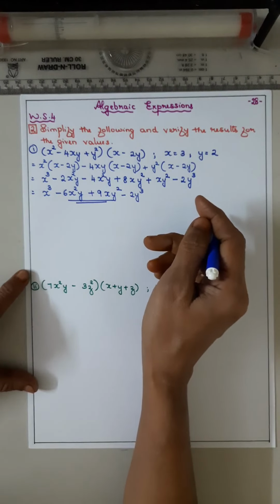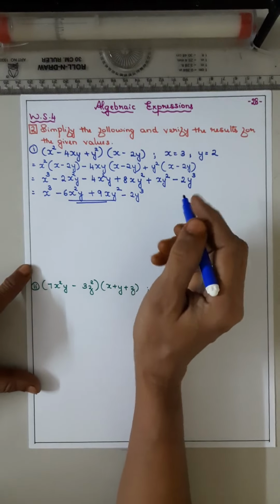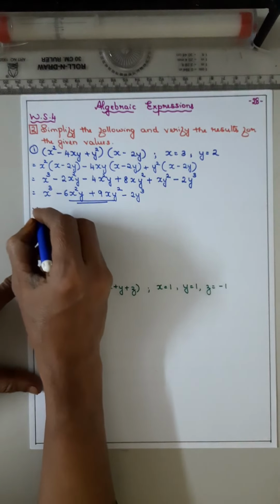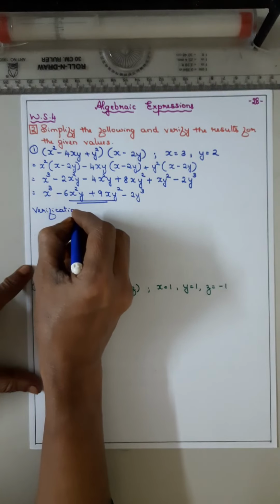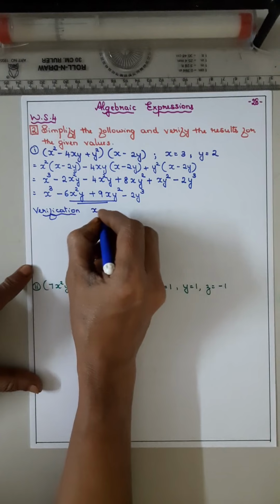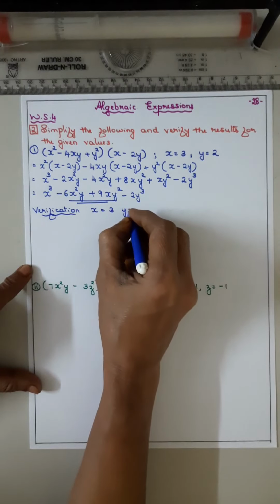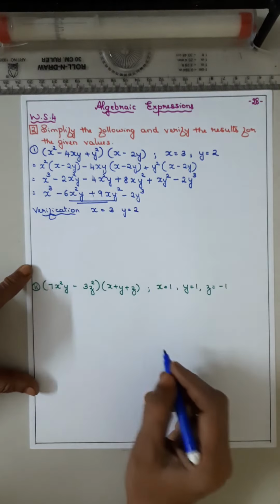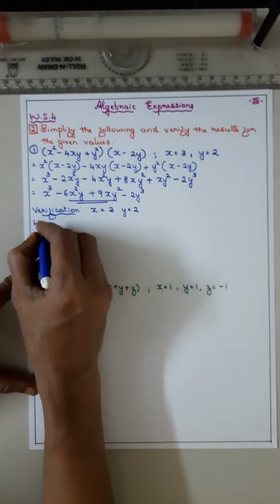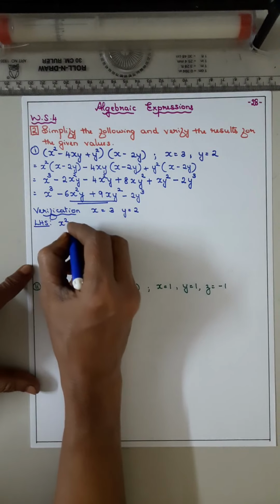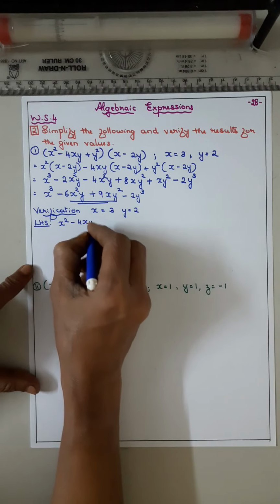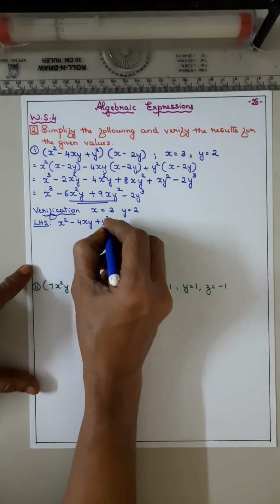Okay, now coming to the verification with x is equal to 3, y is equal to 2. So write the question LHS. We have to write the question, that is x squared minus 4xy plus y squared and x minus 2y.